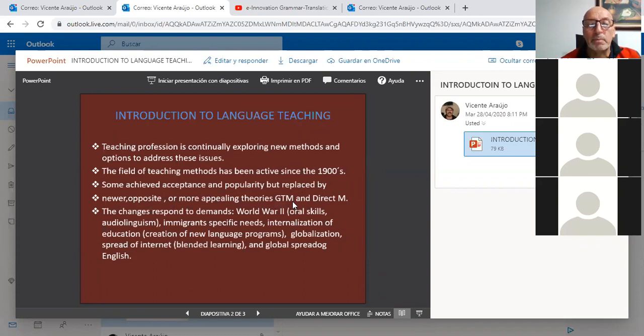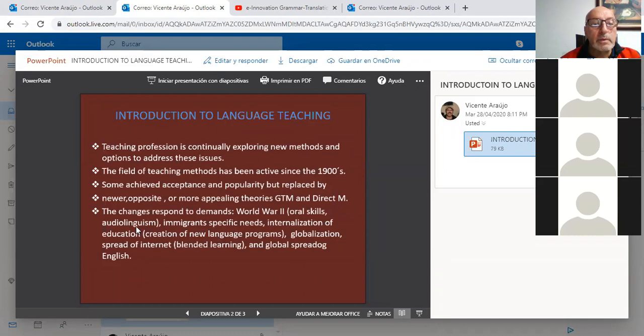For example, GTM means grammar translation method. It was perhaps the first method in the world. And in reaction to this method, the direct method appears as a reaction.